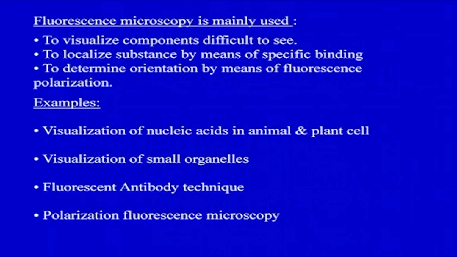Another important application is polarization fluorescence microscopy, when you would like to know the orientation. The angle of polarization of the fluorescence with respect to the DNA helix axis could be deciphered if you know the plane of polarization of a fluorescent dye.